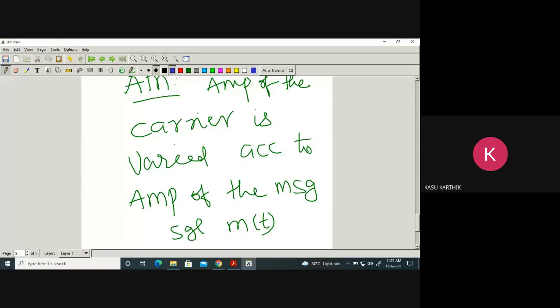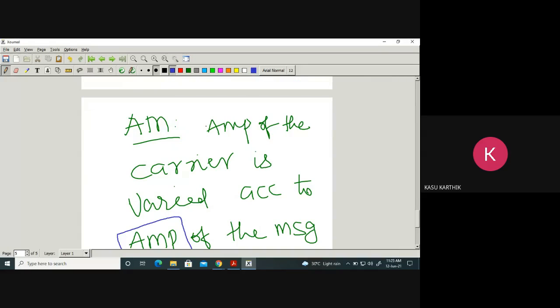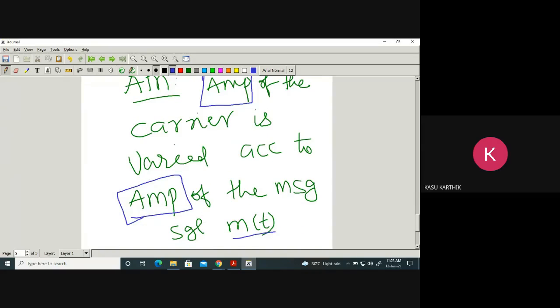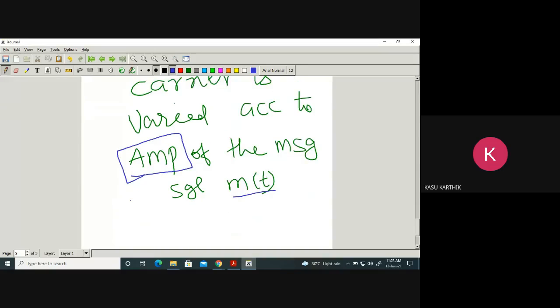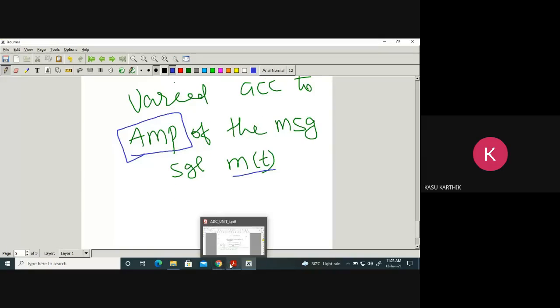Don't say simply that it is varying according to the message signal. It is varying according to the amplitude of the message signal. The amplitude of the carrier is changing according to the amplitude of the message signal. That is called amplitude modulation, and that is the definition.